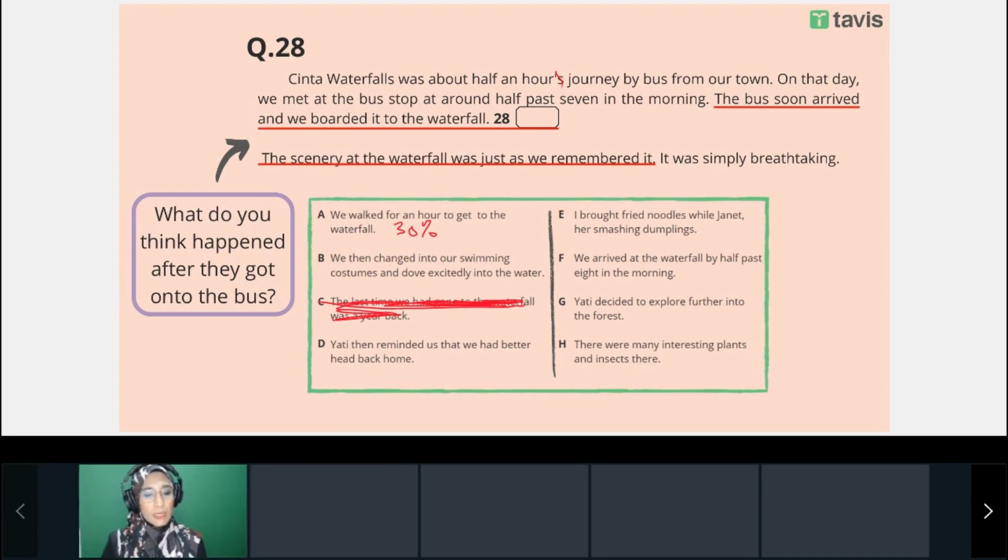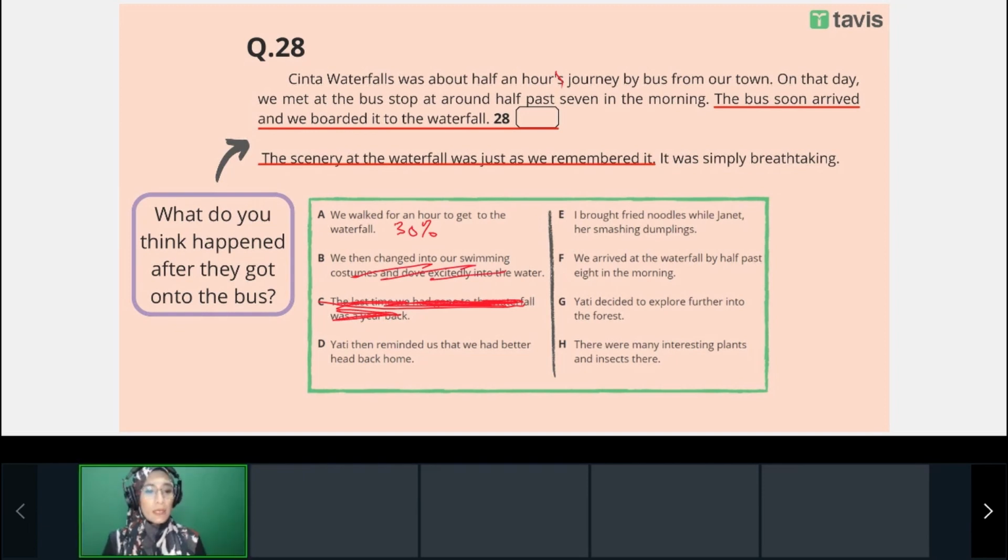This is too early. When you go to the waterfall, you obviously go and look at the scenery first, and then you lay your mat, put your picnic stuff, and only then you change, right? So I don't think this one would be best.